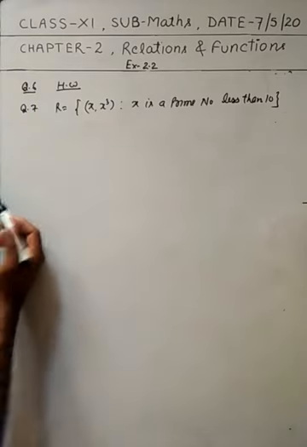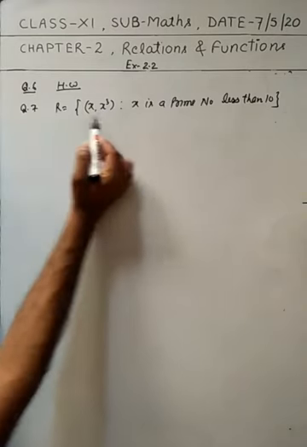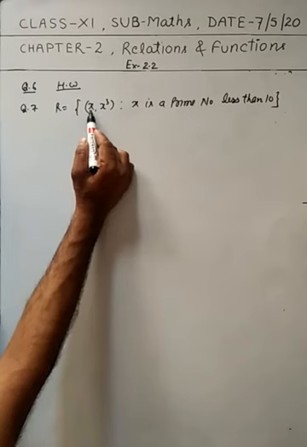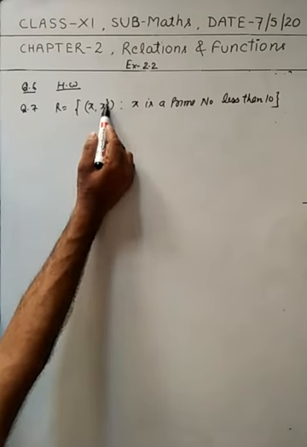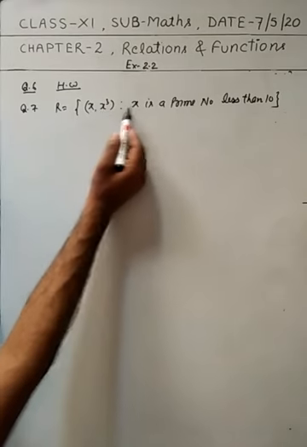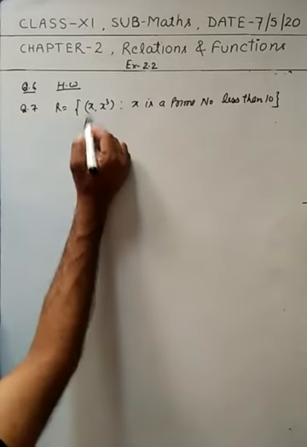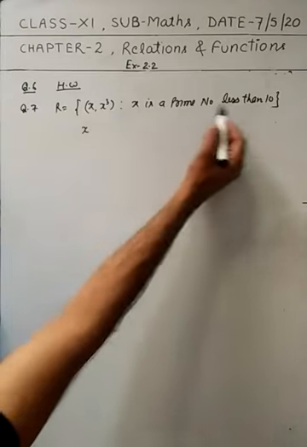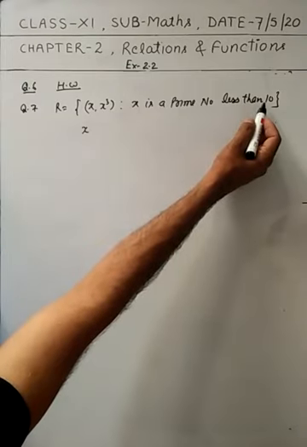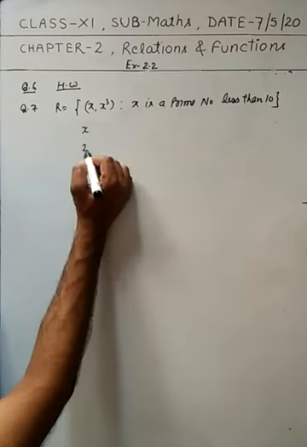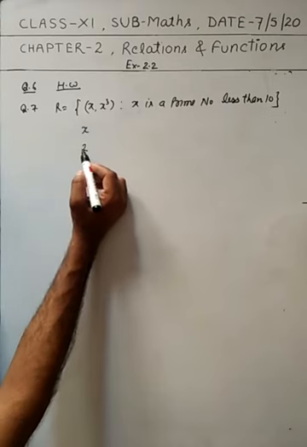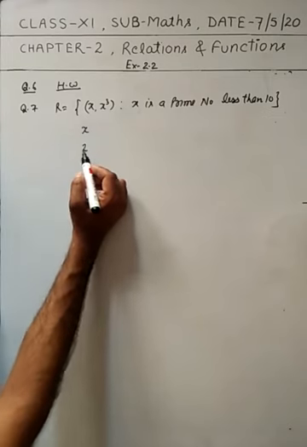Question number 7. A relation is given where the first element is x and the second element is the cube of the first element, where x is a prime number less than 10. Take first the prime number less than 10, that is 2. Most students take 1 also as a prime number, but 1 is not a prime number.